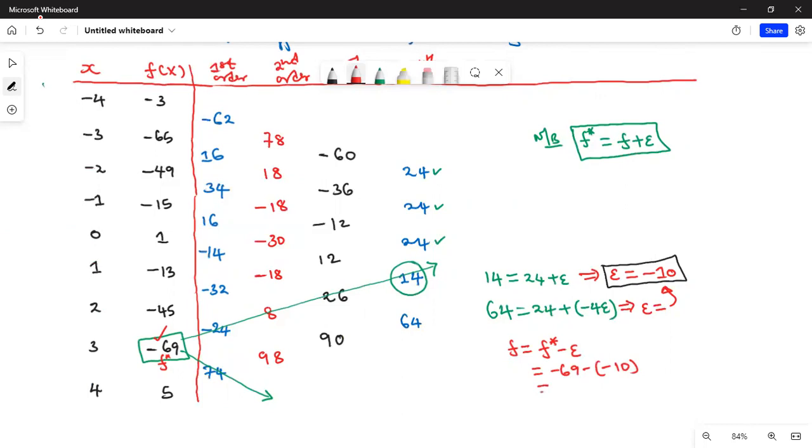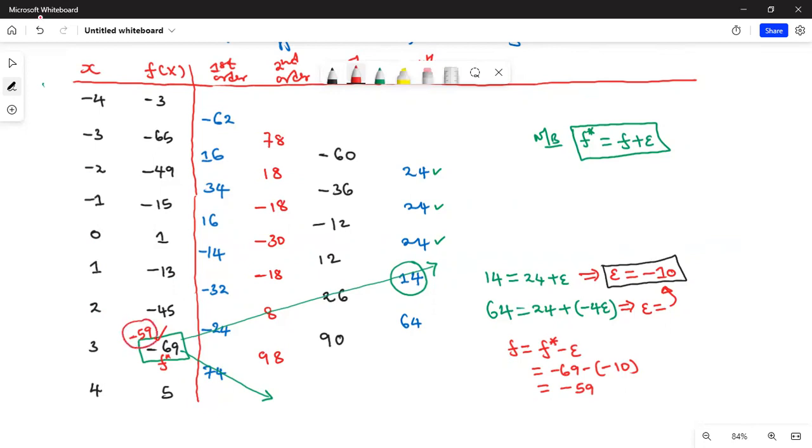And so this should give us -59. So the correct value that you ought to have recorded in your table should be -59 instead of -69. So we have detected the error and we have corrected it. So instead of -69, the correct value should be -59.